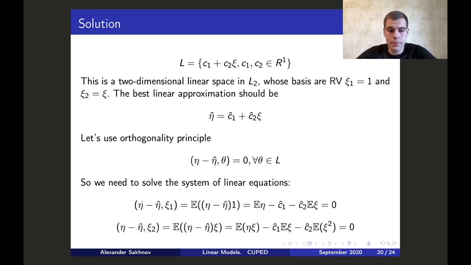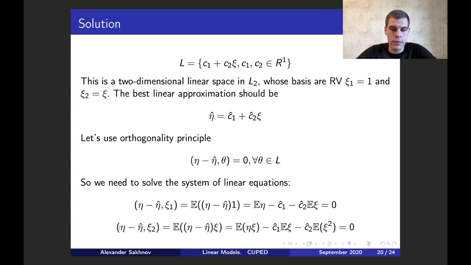Let's write it. The scalar product of the height and the first random variable that is equal to 1, and the scalar product is the expectation of the product of these random variables. Let's open the braces and equate it to 0.